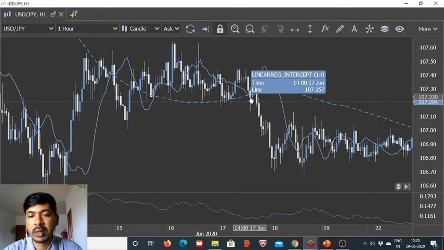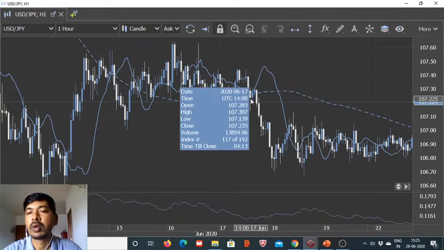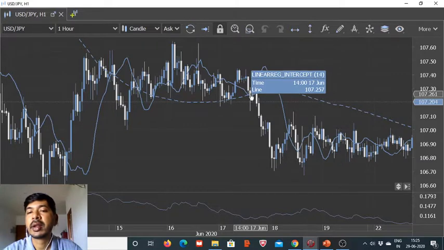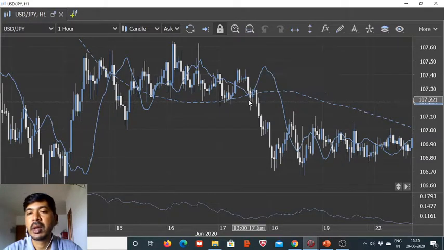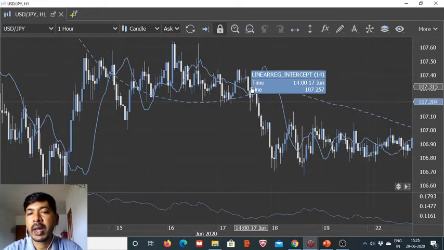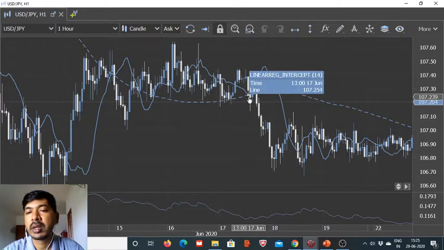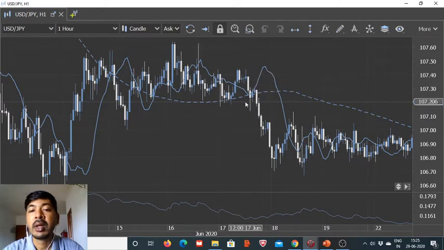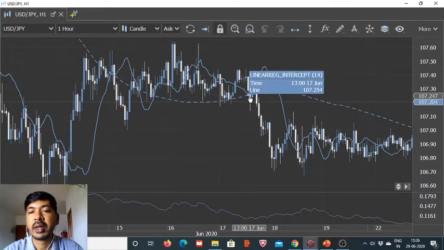So here that scenario plays out in this instance. Here at around 14 GMT, whenever this candle closes, we have this close below the linear regression intercept as well as the SMA 100, and the prior candle has closed above the linear regression intercept, and the last 3 hours maximum value is also above the SMA level.